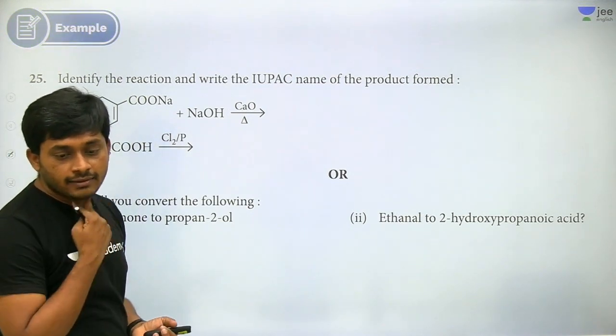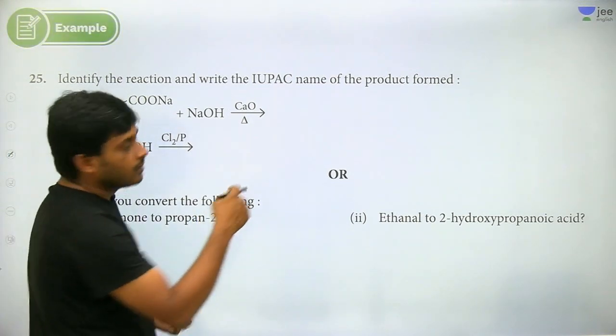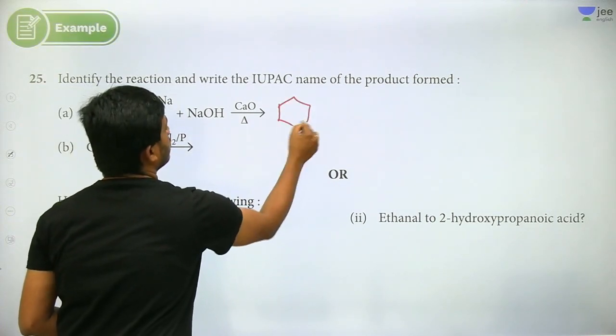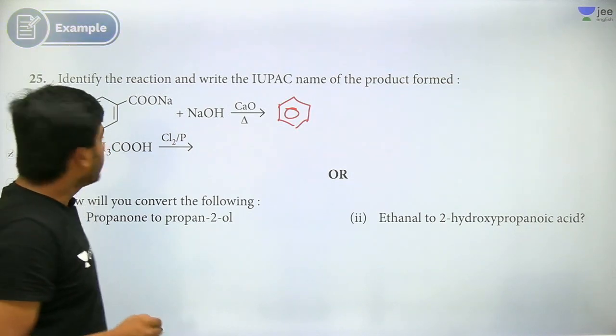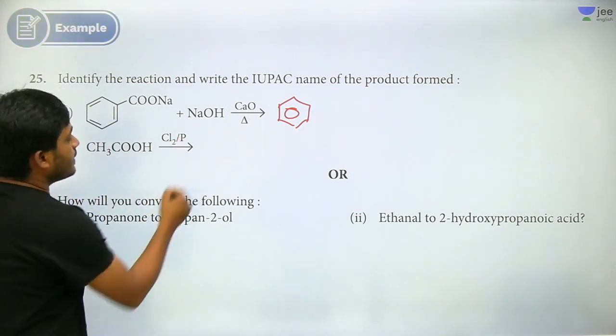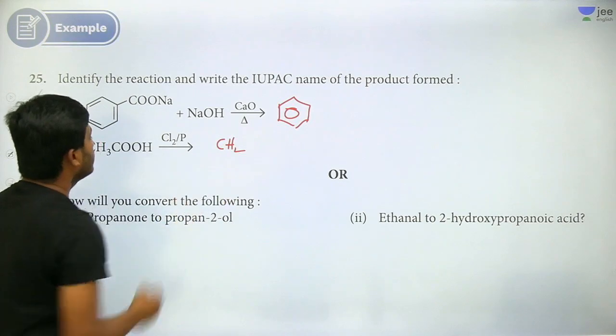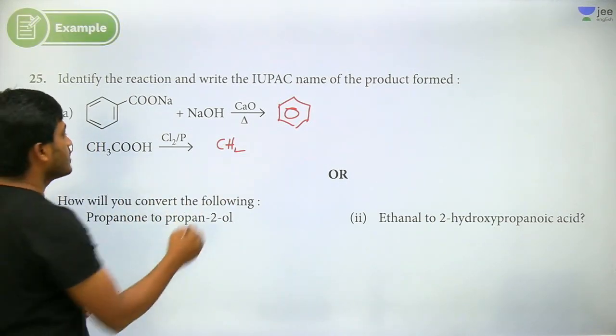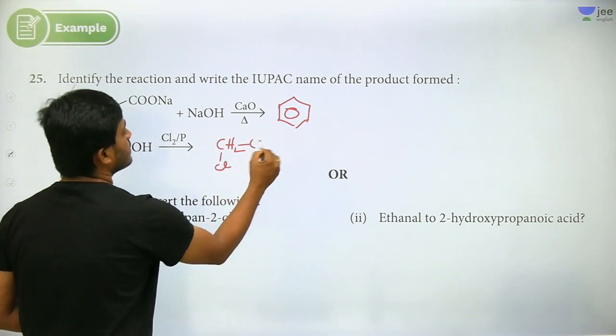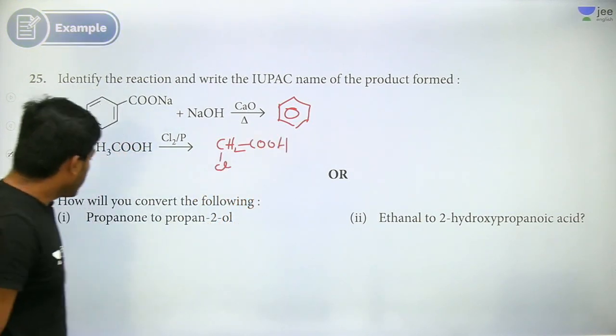It is decarboxylation. Remove CO2. Next, it is HVZ reaction. Alpha hydrogen we have to substitute. Okay, CH2ClCOOH.